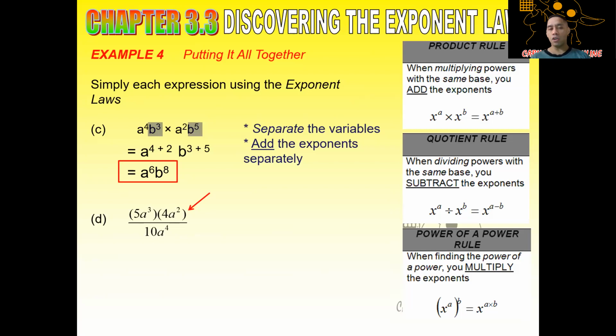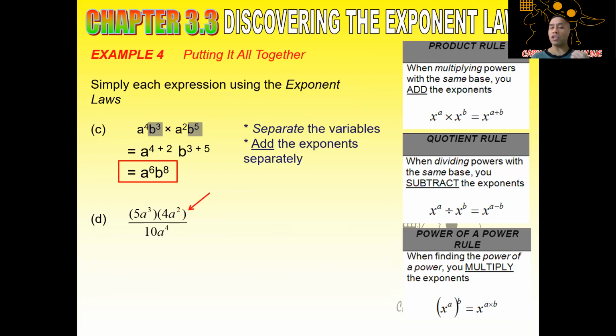Now, focusing on the numerator, what we're doing there is multiplying those 2 brackets together. Anytime you're dealing with a variable and exponent laws, you always want to look at the exponents, because the exponent laws in this case will only be applied to the 2 variables with exponents attached to it. So you're probably wondering, what are we going to do with the 5 and the 4? As I mentioned earlier, we are multiplying.